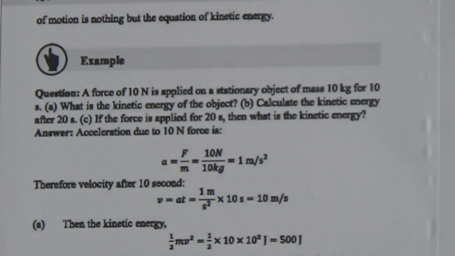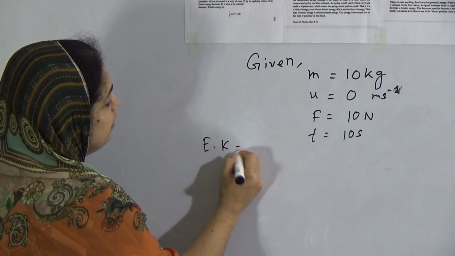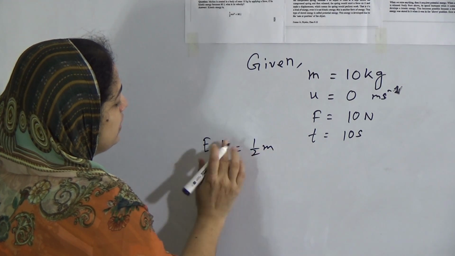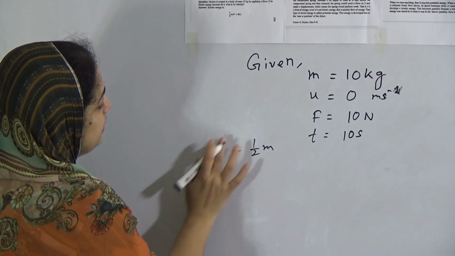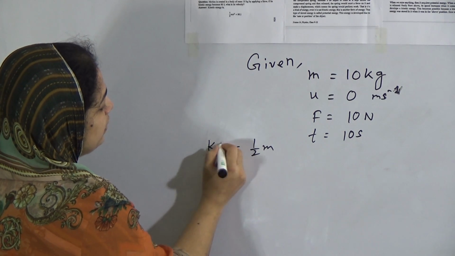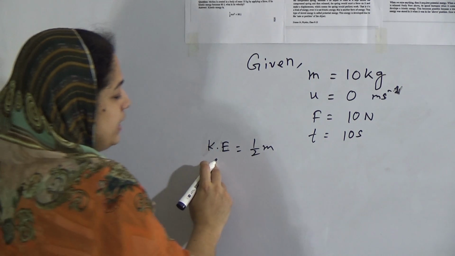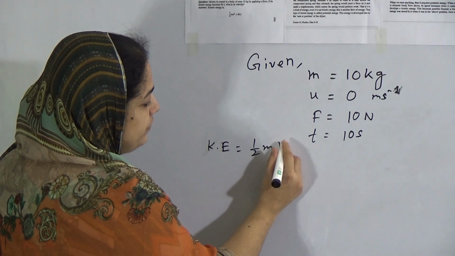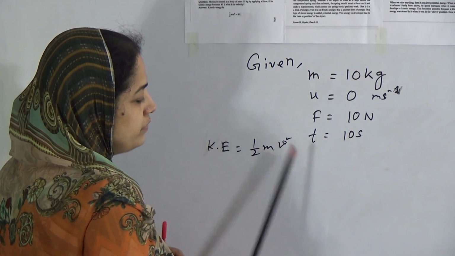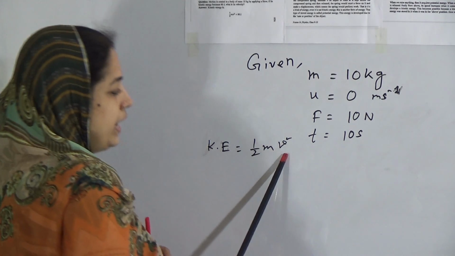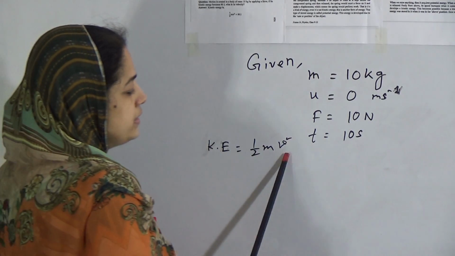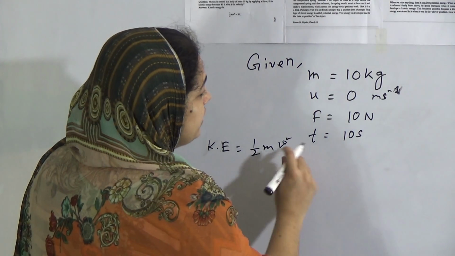We know kinetic energy Ek equals half m v square. Ek and Ke both are right. So kinetic energy Ke equals half m v square. At first we have to find out the velocity and also the acceleration.